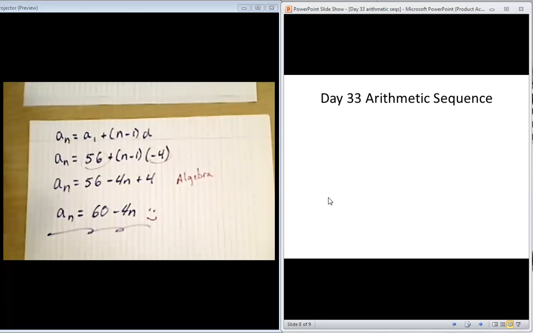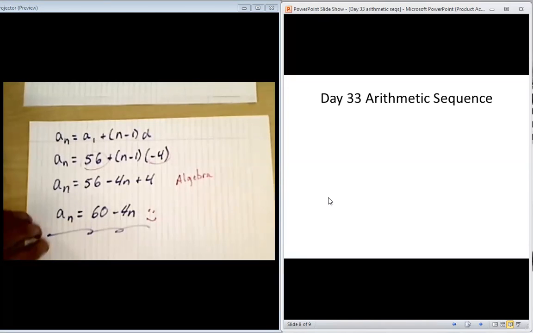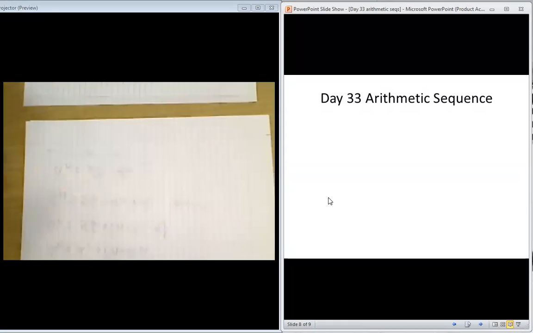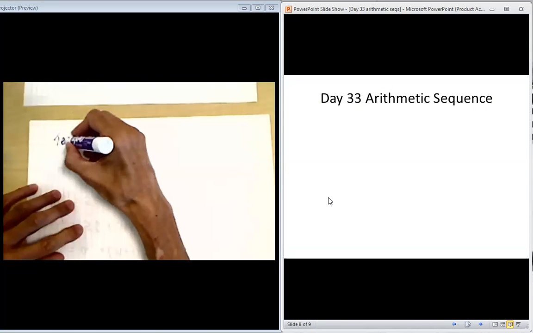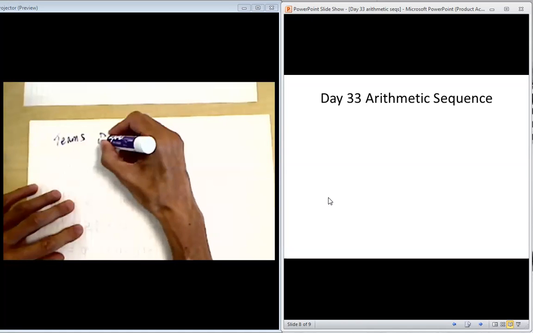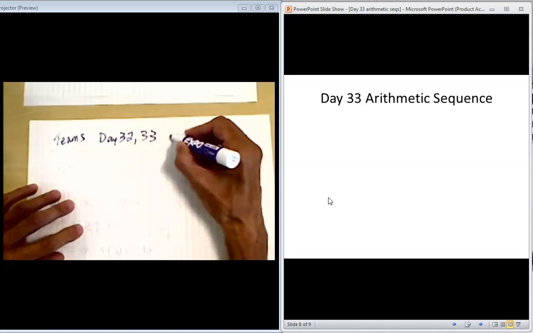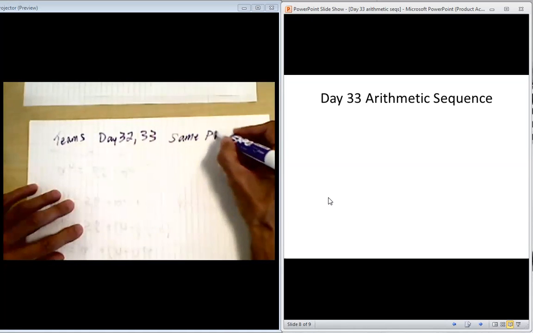Yeah, sure enough. Okay. Then, with those 1, 2, 3 examples done for you, I have a worksheet in class that I can give out. It's on Teams already. What you have to pay attention to is that on Teams, day 32 and day 33 are all in the same PDF.